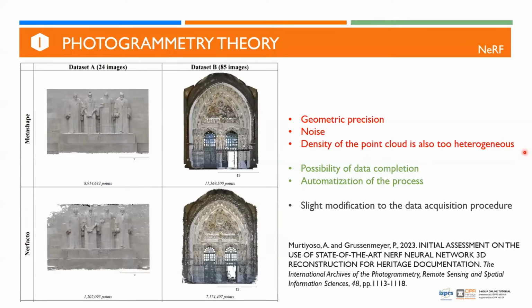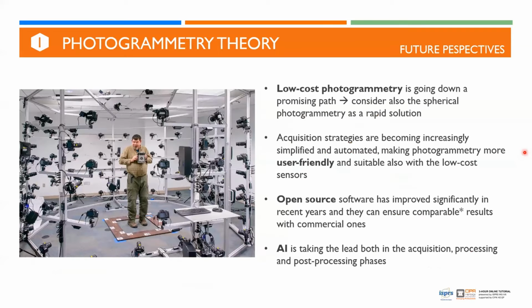But since the developments are going really, really fast, just think about the possibility of the data completion that we can have if maybe we weren't able to acquire a certain part, maybe it was inaccessible or something else, of our element, and the automatization of the process. So these will be continuously getting better and better.